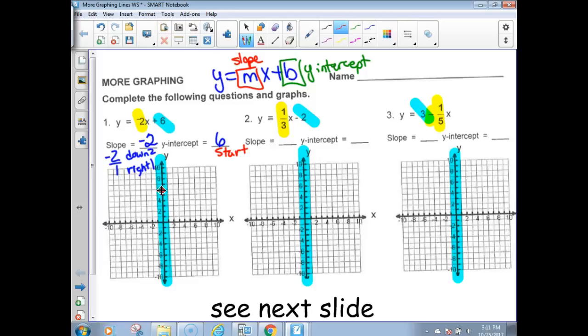So this is where we start, and then we go down from there 2 and right 1 and make a new point. And we do that multiple times. I like to see my grids full. I don't like stubby little lines. You can go in reverse of down 2, right 1, which is up 2, left 1.